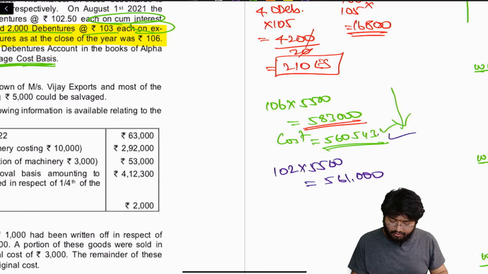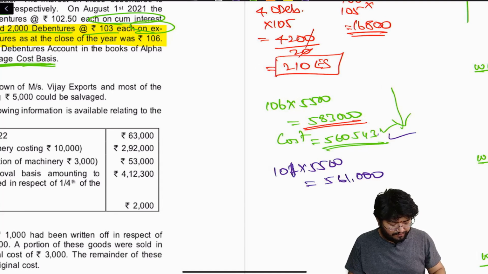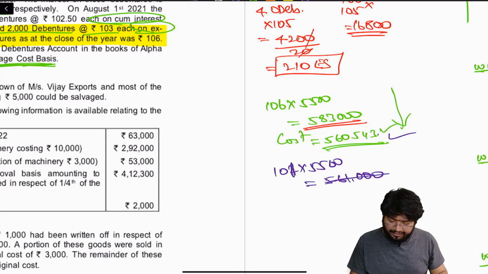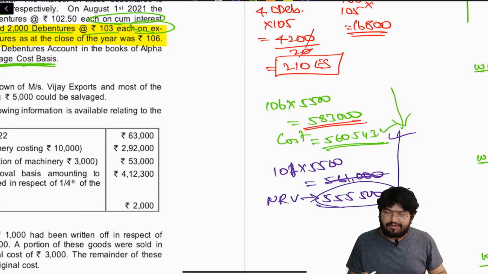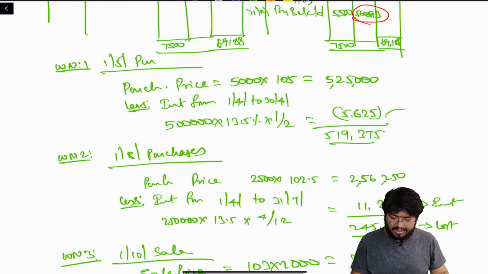So let's take 101 rupees. If it is 101 rupees, 5,500 into 101 gives you 5,55,500. Now your NRV, your market value, is lower when compared to cost, in which case you will go by 5,55,500 only.